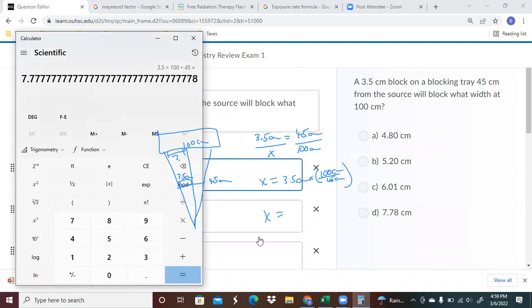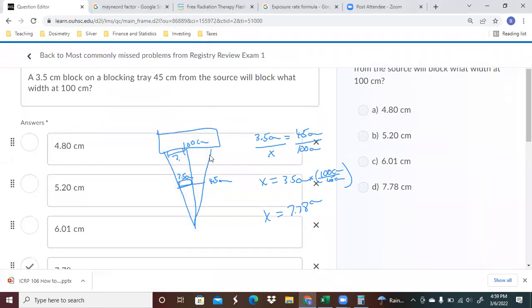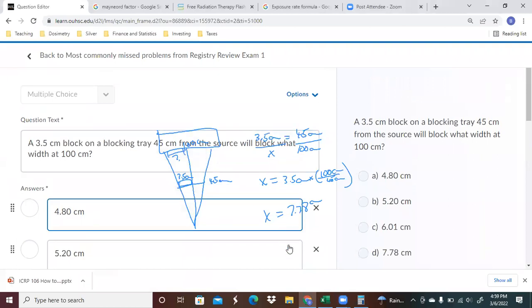So we come up with 7.777. So that gives us 7.78 cm. Which in fact is the answer.